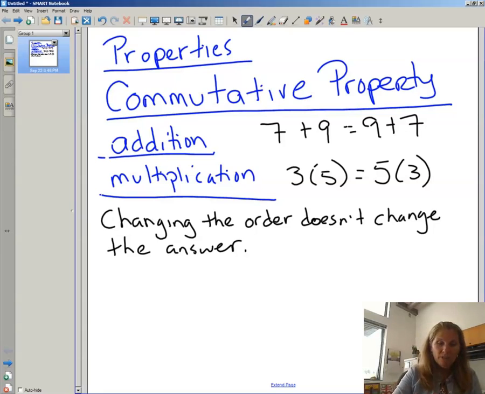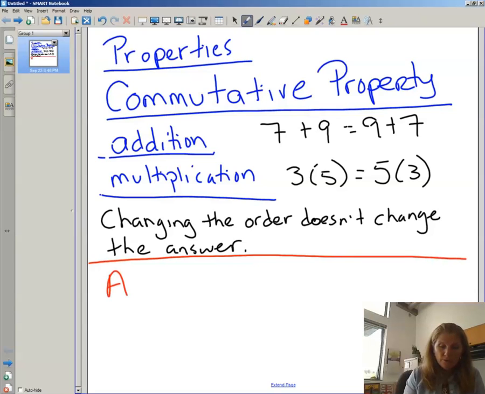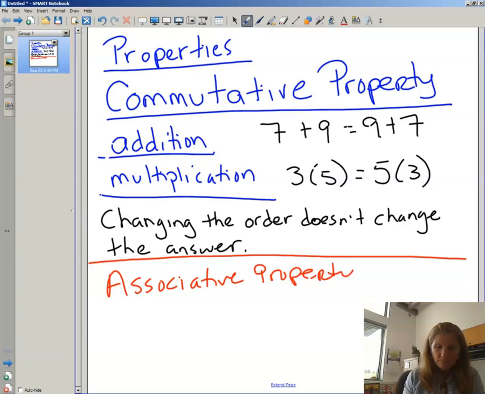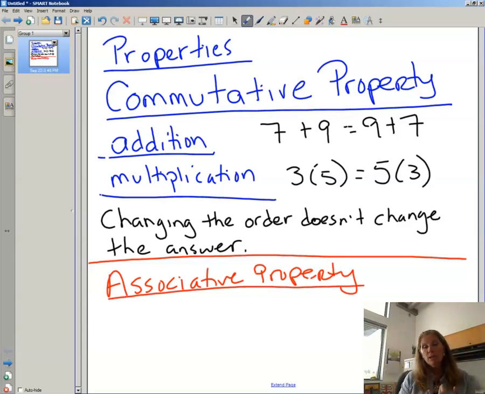Okay, let's talk about the next property. Associative. The associative property also applies to either addition or multiplication.